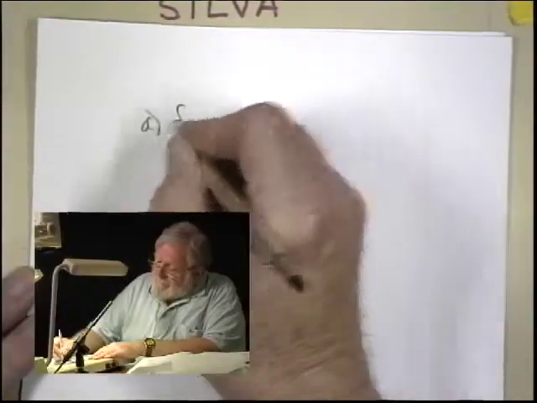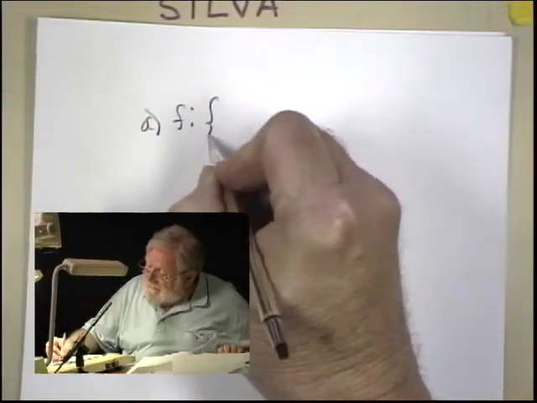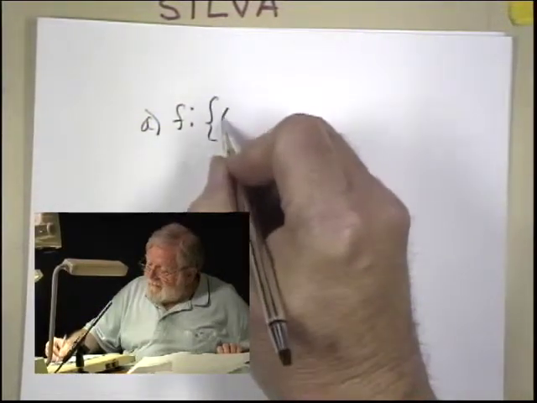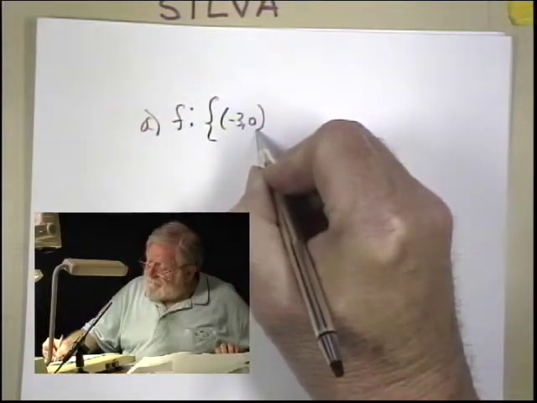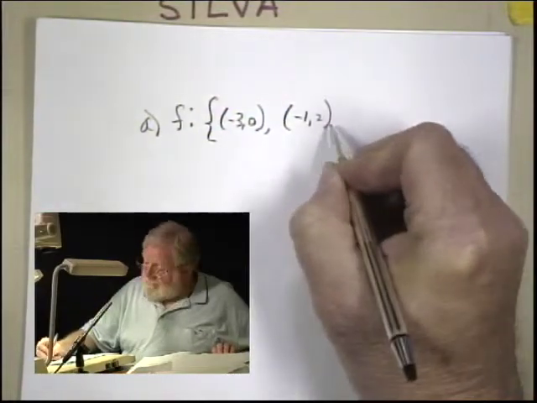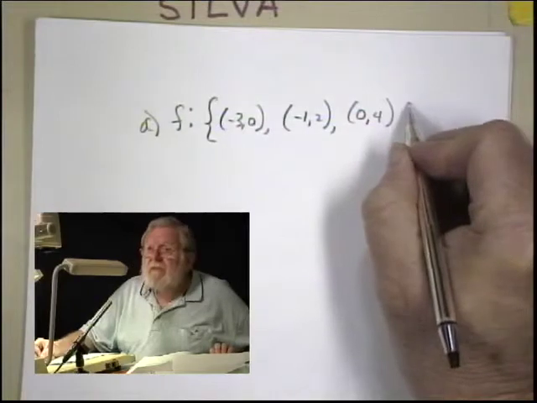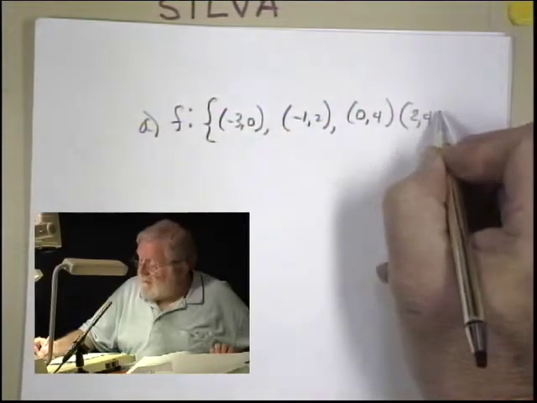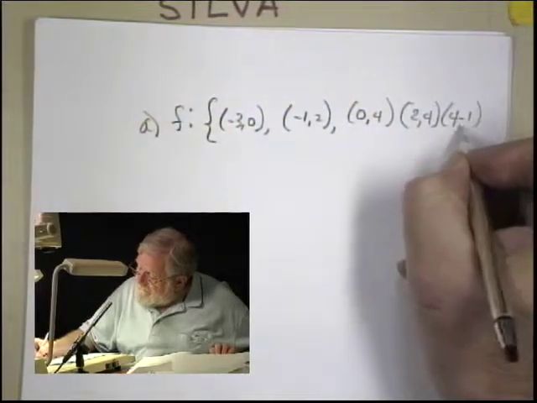We have a function given by the set of ordered pairs (-3, 0), (-1, 2), (0, 4), (2, 4), and (4, -1).